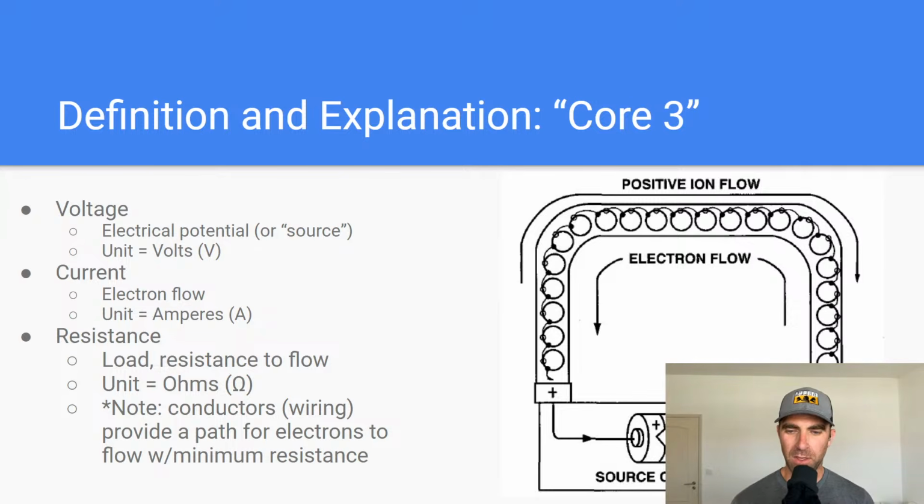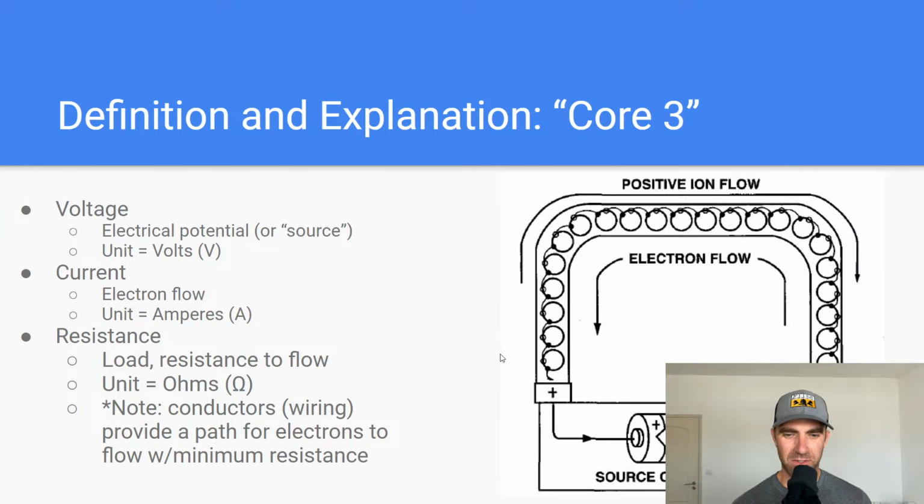The third one here is resistance, which is going to be loads in the system. In an electrical system, the idea is to have things connected to it so that you can harness the power of the electricity to power things like lights, or whatever else it might be.